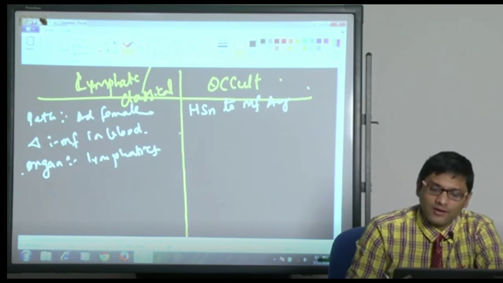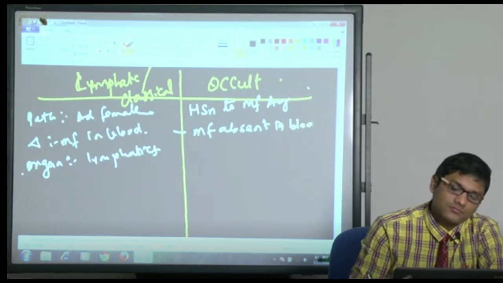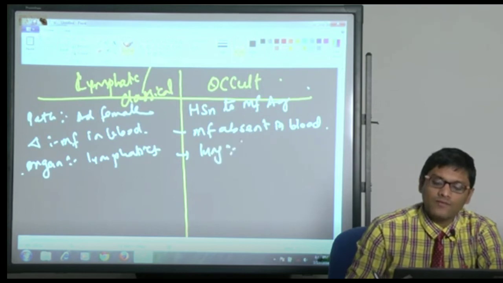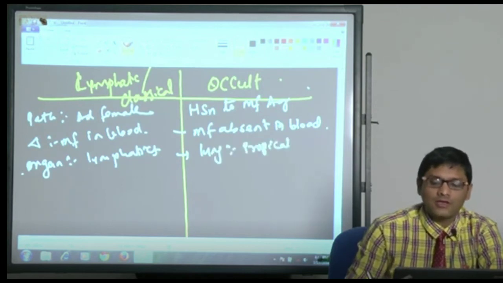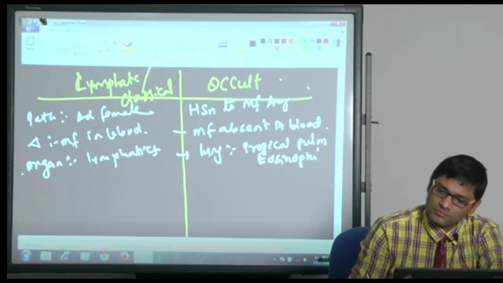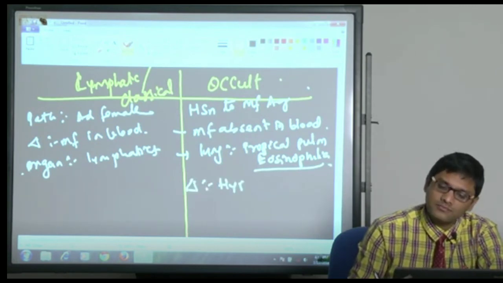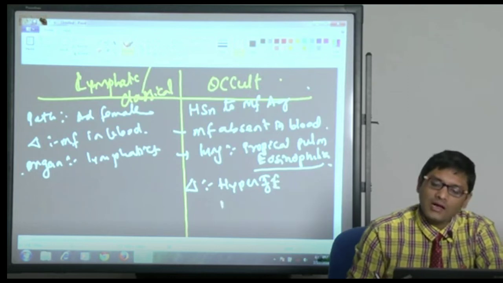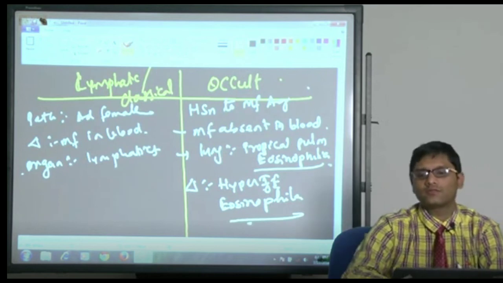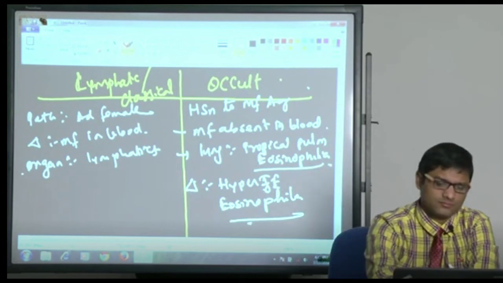The microfilaria will be absent in blood. The most commonly affected organ is the lung, where it is called tropical pulmonary eosinophilia. Diagnosis is done by hyper IgE and eosinophilia. These two are the diagnostic features.